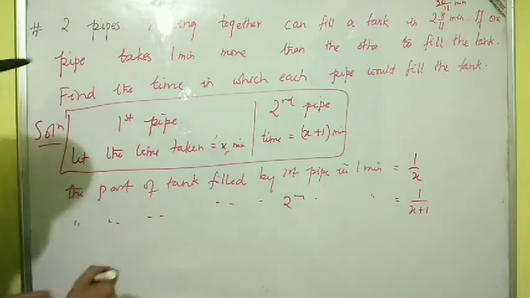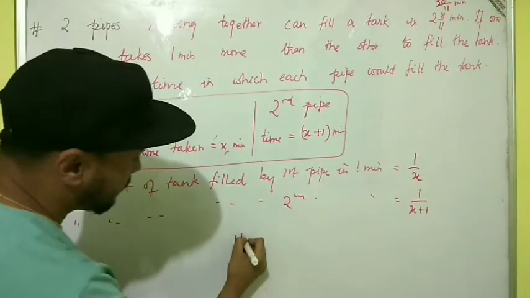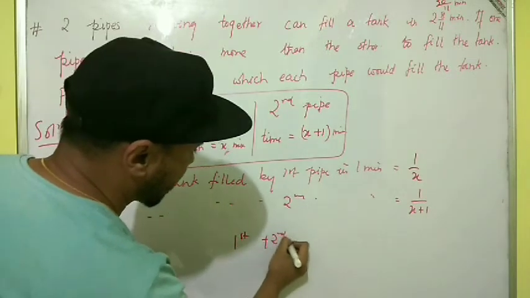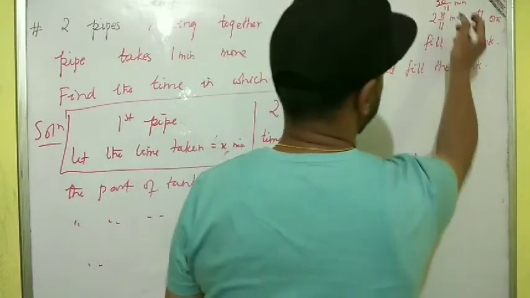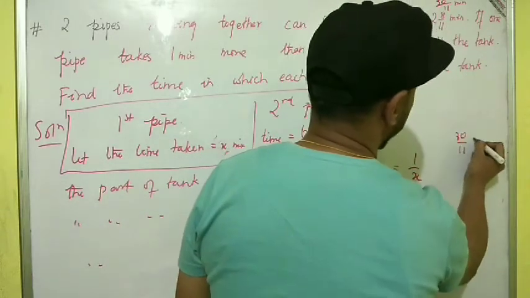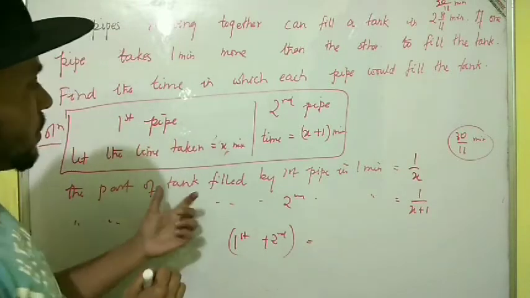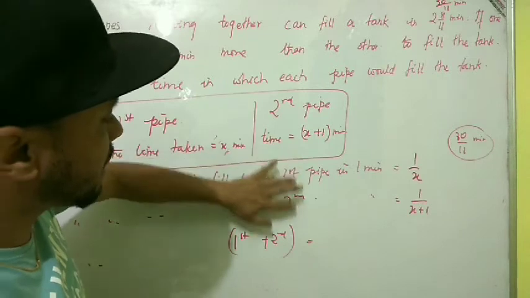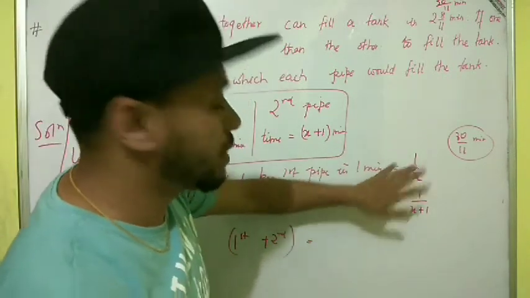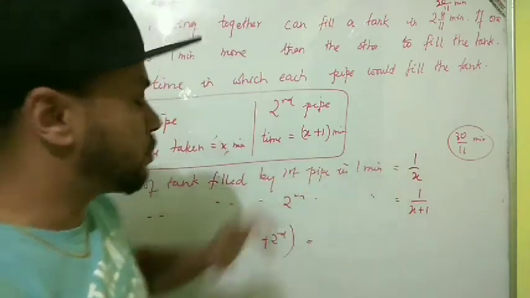Now it is given that the time taken by the first plus second pipe together is 30 by 11 minutes. So these are the parts filled by the first and the second pipe separately.